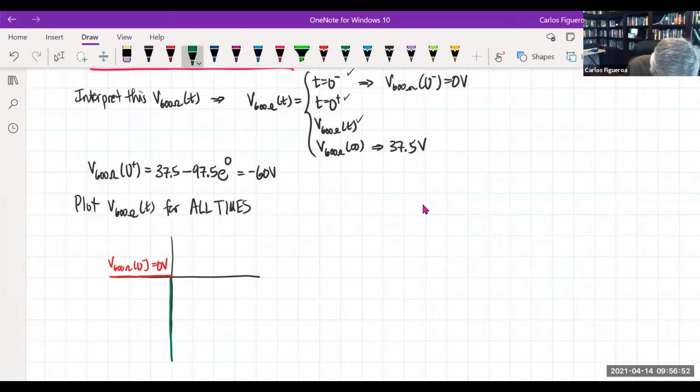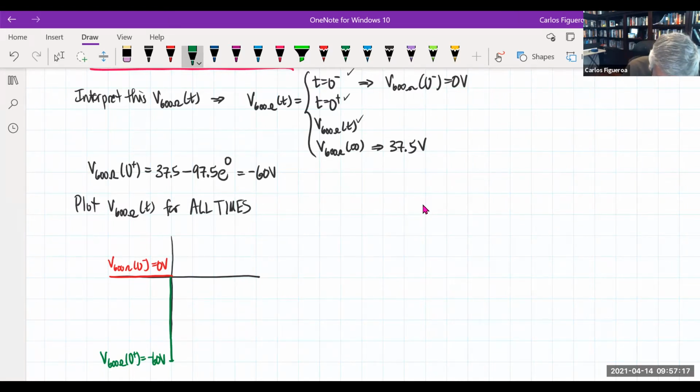At this point, V600 at 0 plus is now minus 60 volts. And then I know that at T infinity, it jumps up to 37.5.